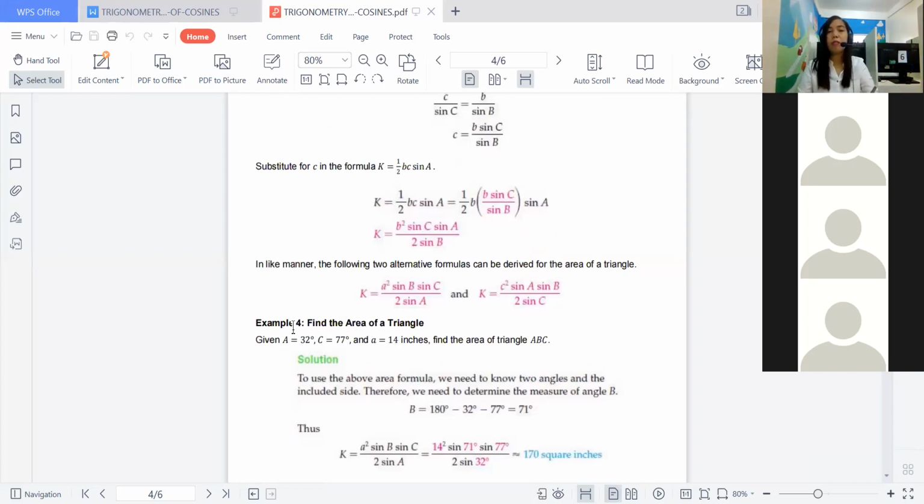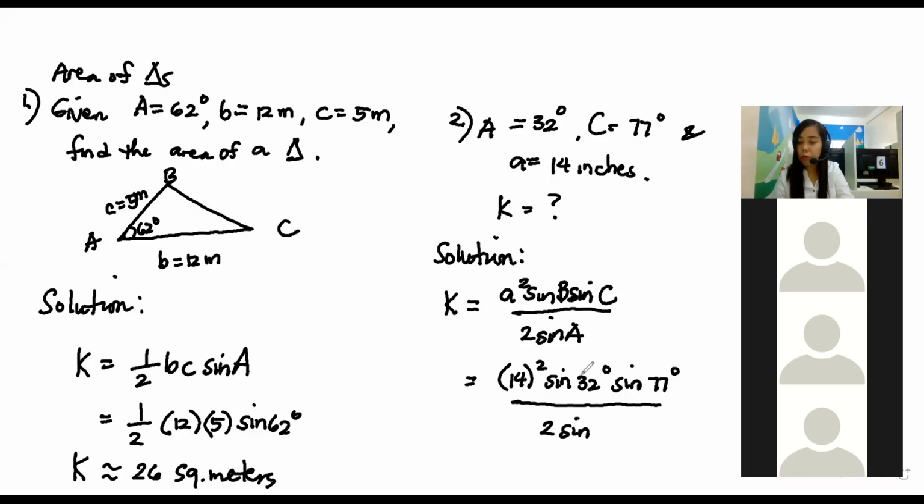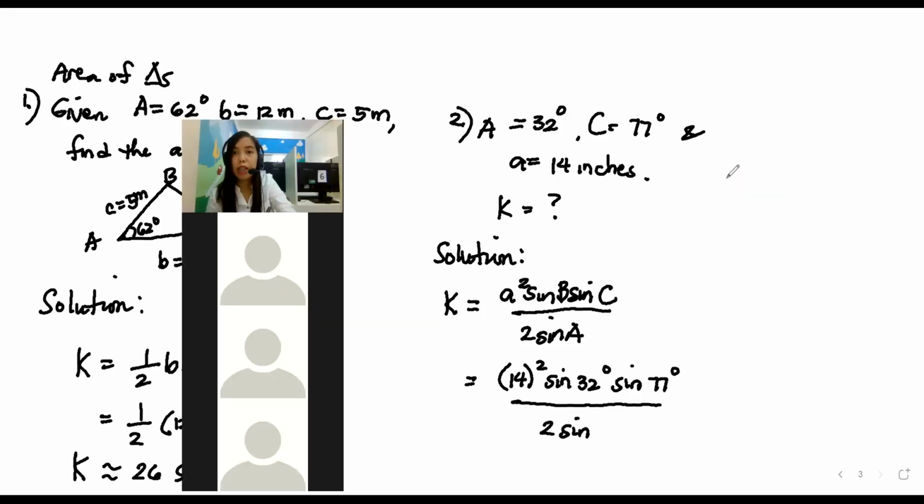And sa last one, to. Okay, class. This is letter A talaga. To find the missing angle, we know that the sum of the angles of a given triangle is 180 degrees. So this is A. So therefore, this is angle B. We're asked to find angle B. To find angle B, the sum of the angles of the given triangle is 180 degrees.